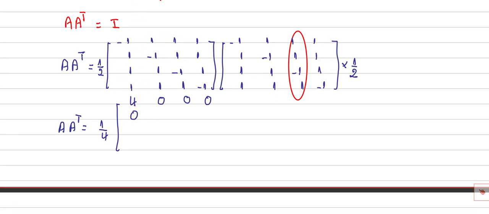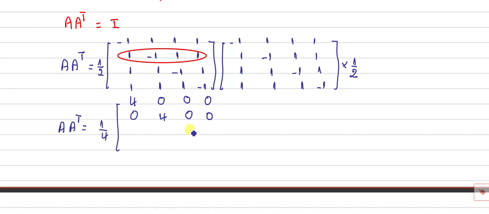Column 2 with row 1, row 2 with column 1, column 2, column 3, and column 4. So we get 0, 4, 0, and 0.